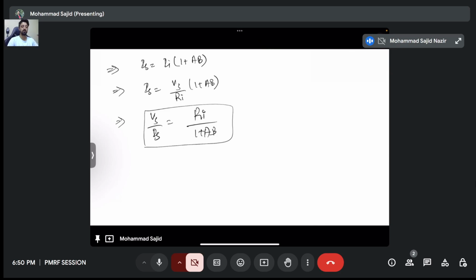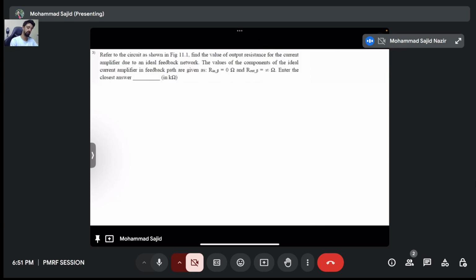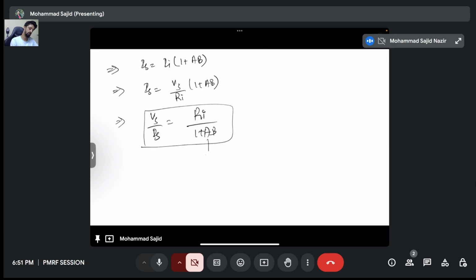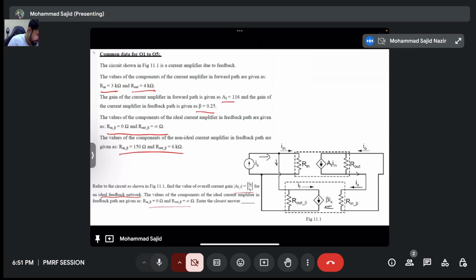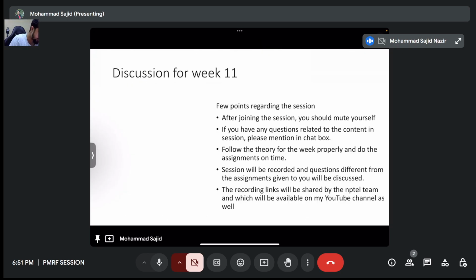So the input resistance is reduced. This is the input resistance we have to calculate. Now I know the A value, that is 116, beta is 0.25, and we also have the Ri value, that is 3 kilo ohm. So you can substitute the values and get the answer.